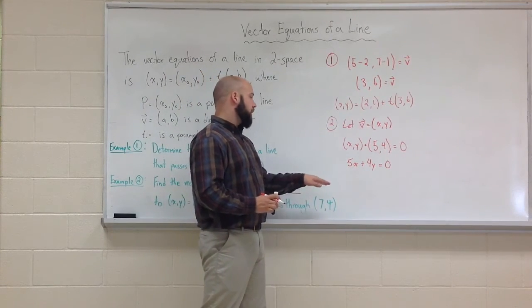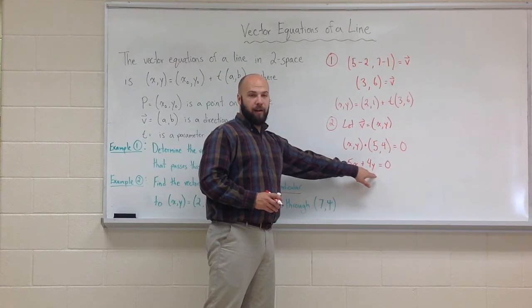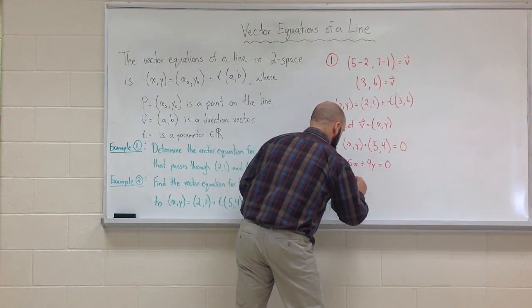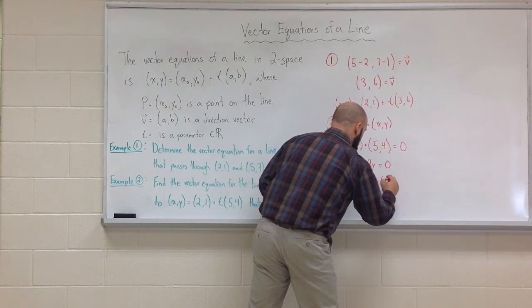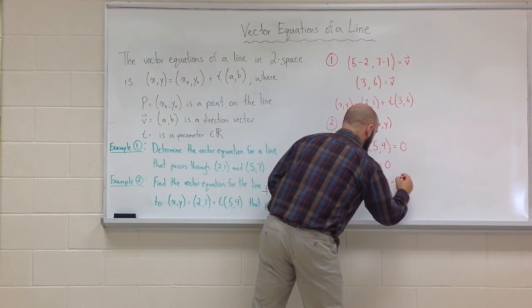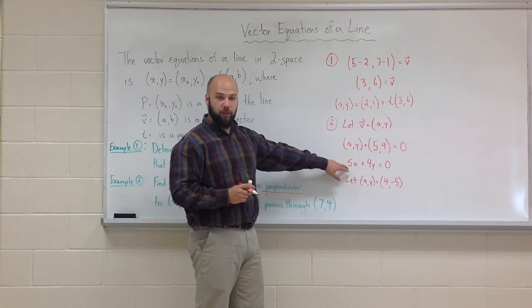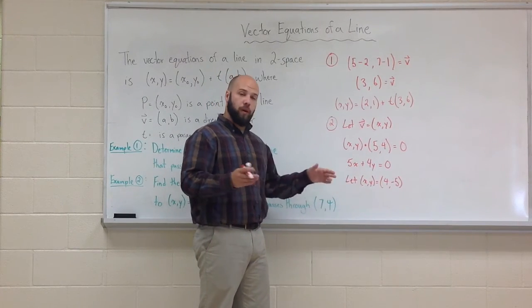Something we can use could be 4 and negative 5. So let's say (x, y) equals (4, negative 5). Then if we plug these values in, it would equal 0. There are multiple answers for this. Choose one that works.